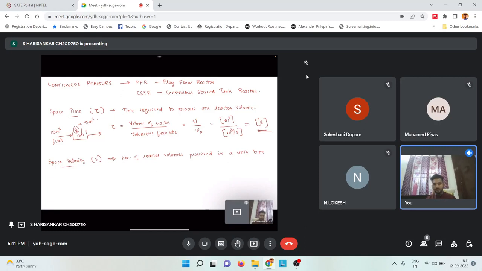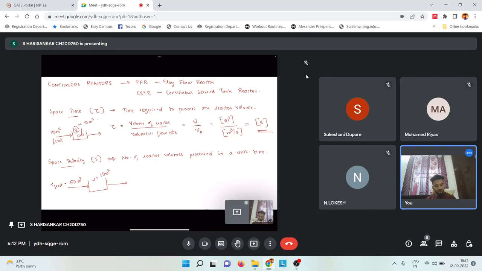So in the same case, let's take the reactor where the volume V is 10. Let's say this volume of feed is 50. So space velocity basically means the number of reactor volumes processed in a unit time.